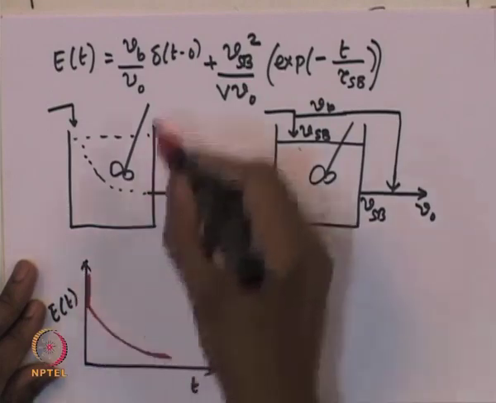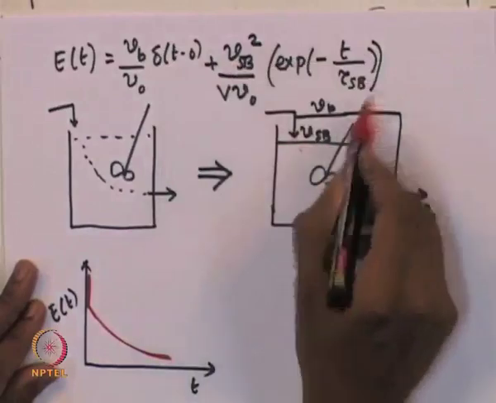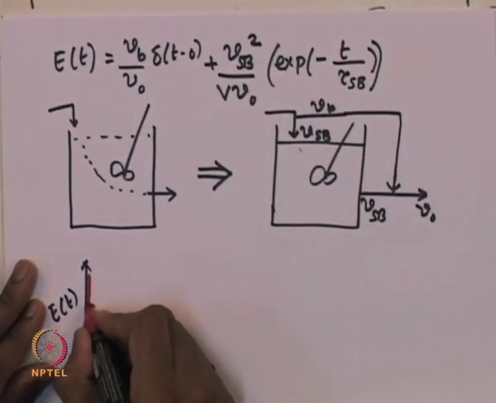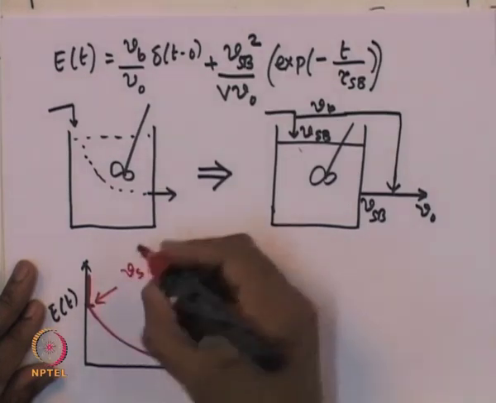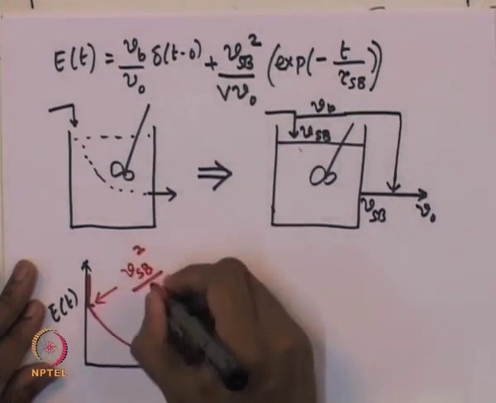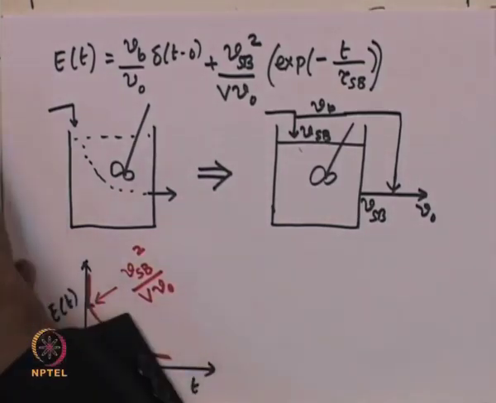So, this first part corresponds to the bypass and the second part corresponds to this exponential term, and this location here is essentially given by V S B square divided by V into V naught. So, that is the location from where the exponential fall in the E curve actually starts.